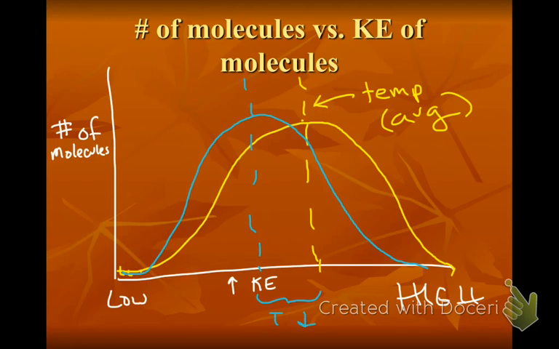There are still some molecules that have more energy than molecules originally, but the average kinetic energy is lower. So that's the difference between heat and temperature. Heat is the sum total of all of the molecules' kinetic energy. Temperature is the average.